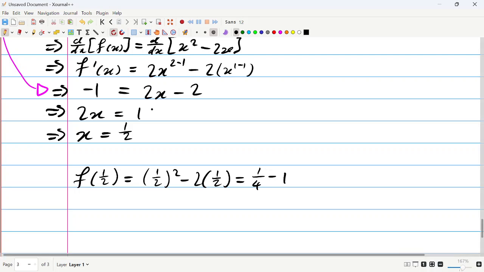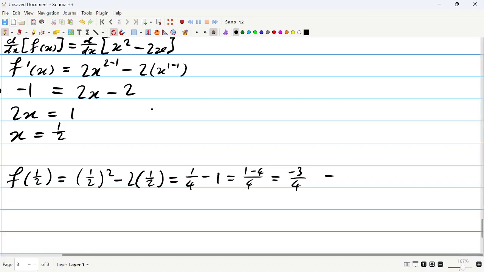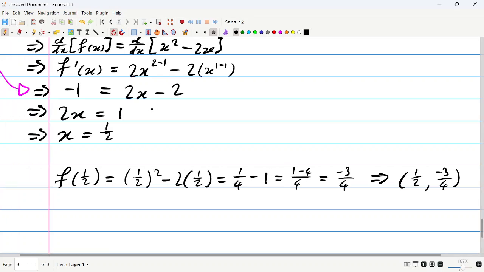And 1/4 minus 1 is the same as 1 minus 4/4, which, if you do the simplification in your head, is -3/4. So this implies that our coordinate will be 1/2 and -3/4. So the xy coordinate will be 1/2 and -3/4.